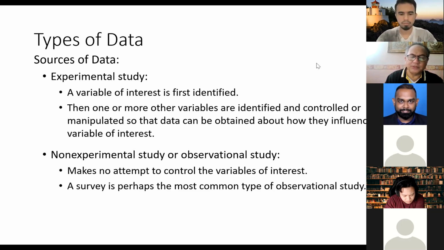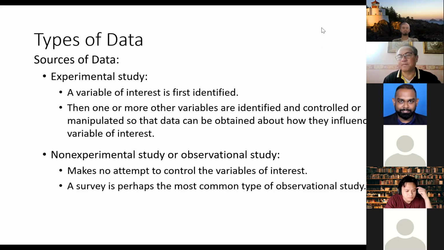Then there is the non-experimental study, which is the one that we often use for social science or social study. We call it non-experimental study or observational study. Experimental studies are usually used in natural science.